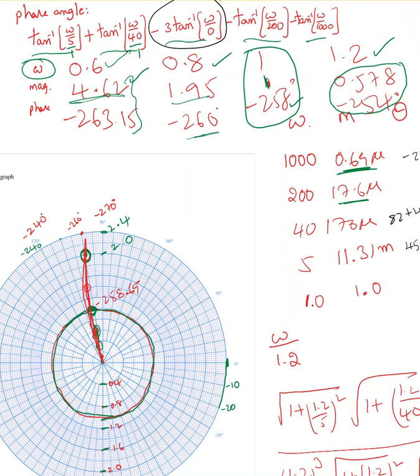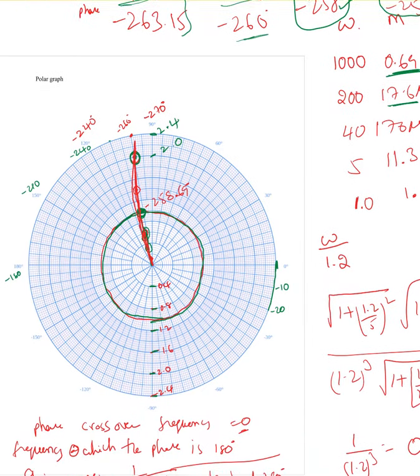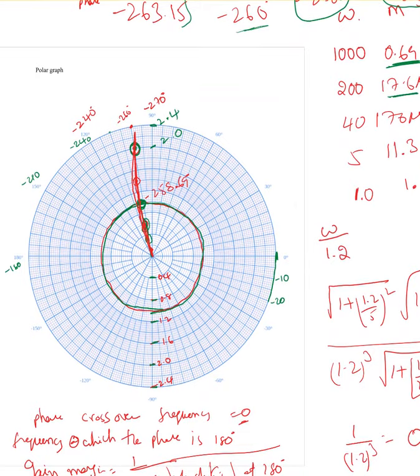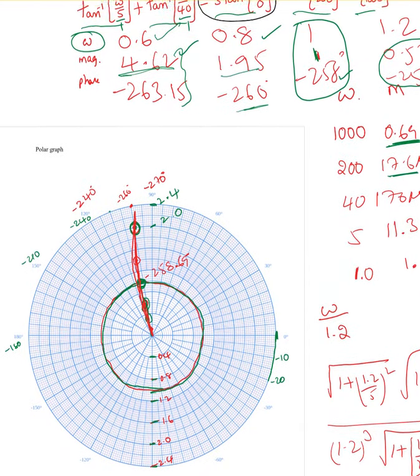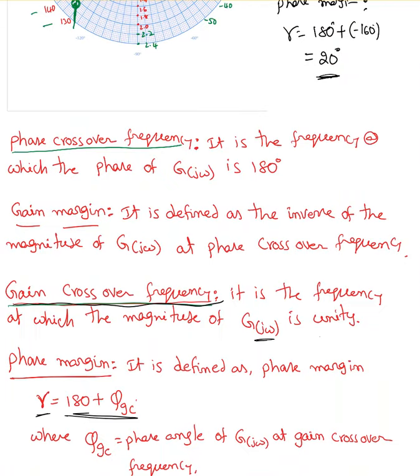Okay, that's my plot. Now our question is to find the gain margin and phase margin. So we need to know the phase crossover frequency. Here are the definitions for the phase crossover frequency, gain crossover frequency, gain margin, and phase margin.